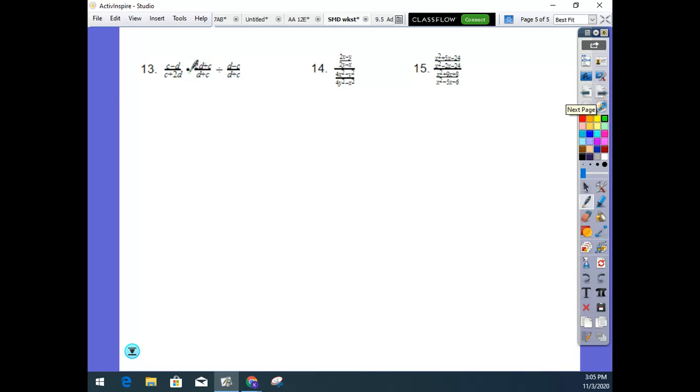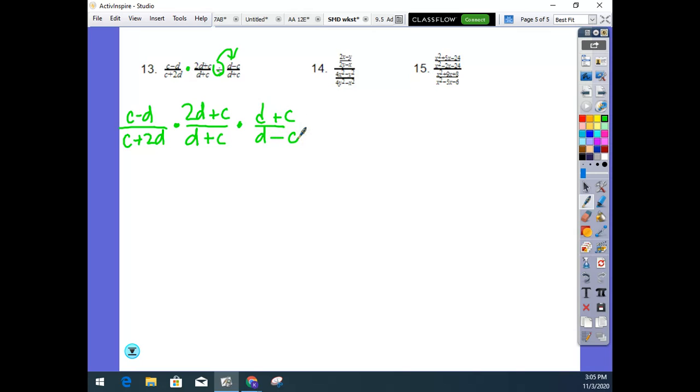All right. If it's times, we leave it alone. Divide, we multiply by the reciprocal. Change this to multiply by the reciprocal.